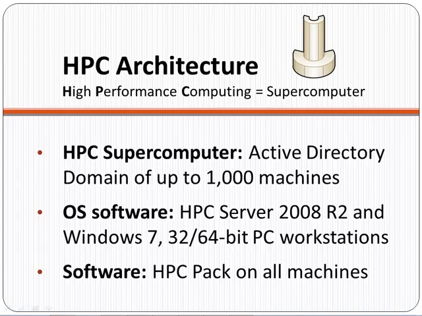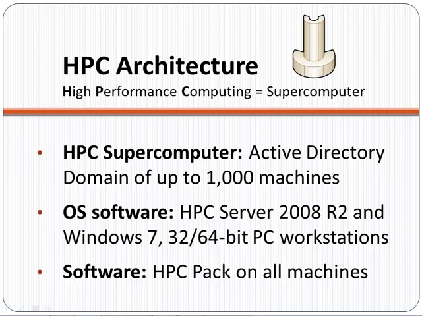An HPC supercomputer cluster can be up to 1,000 machines. Each machine can theoretically be a large machine, though in practice today most of the time blade servers are used.